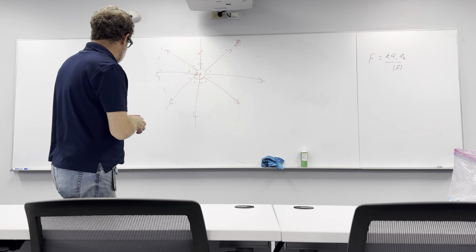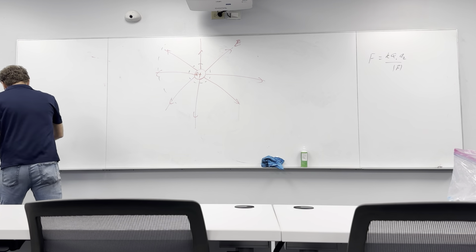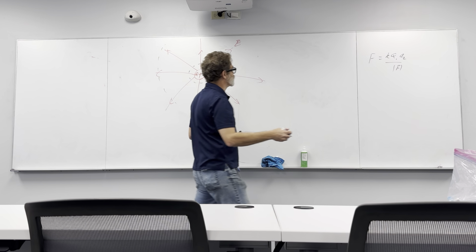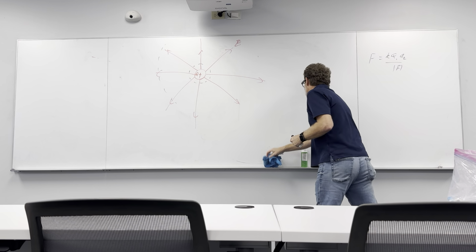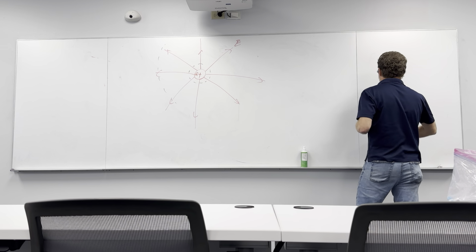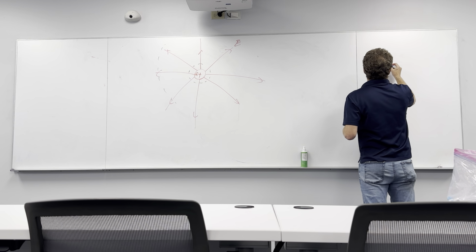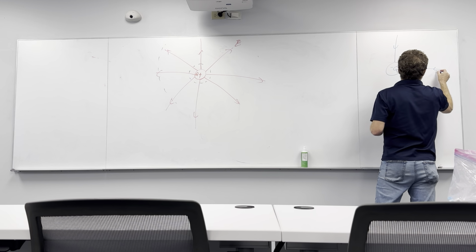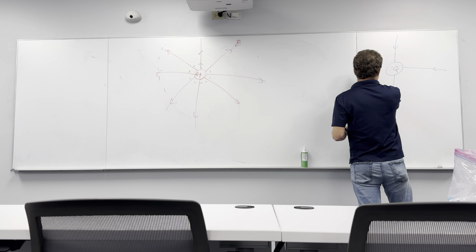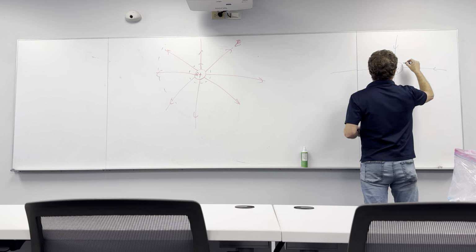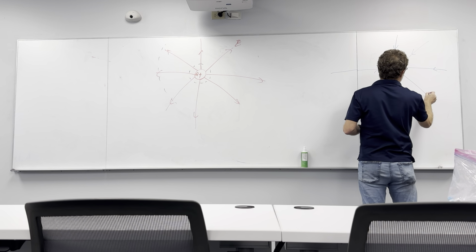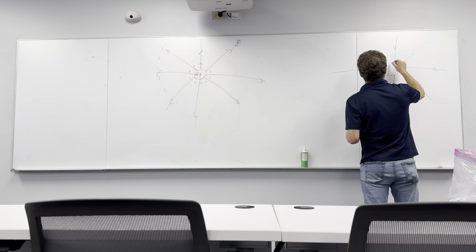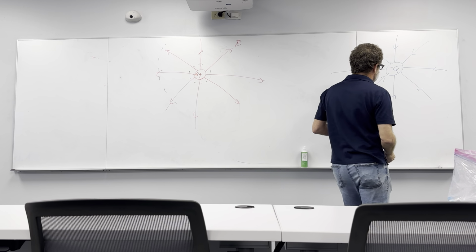Okay. A negative charge looks pretty similar. I'll draw a negative charge over here. Negative Q. But the field lines come into a negative charge, like that.